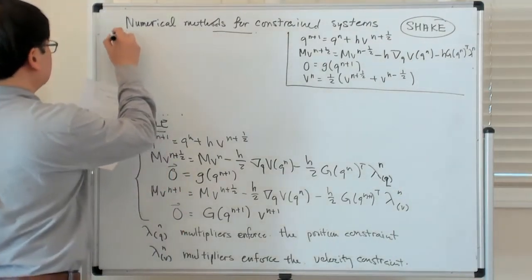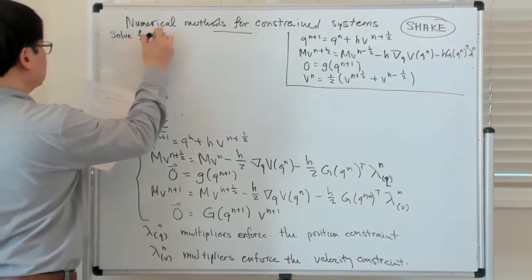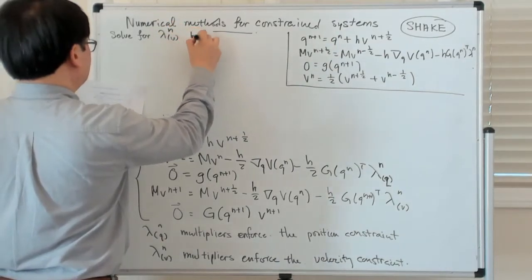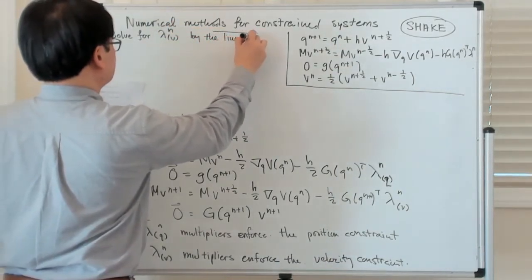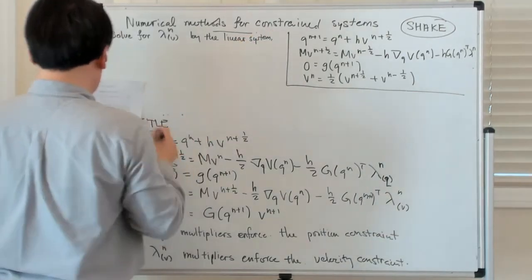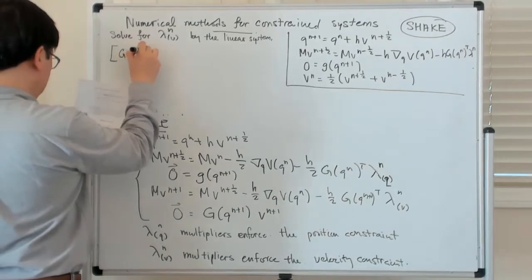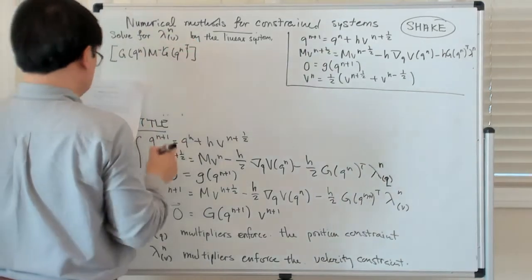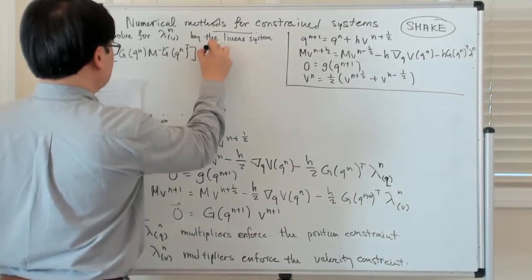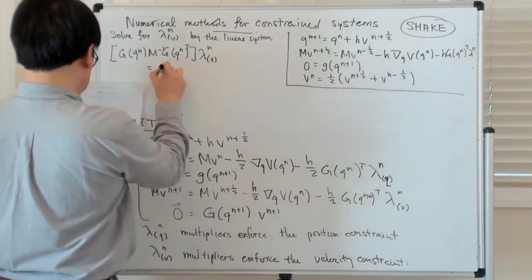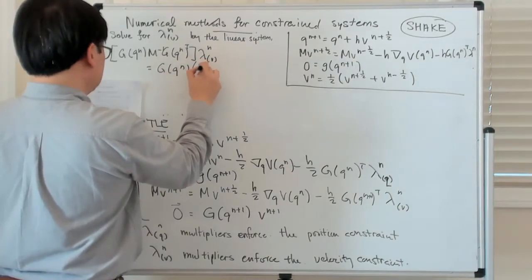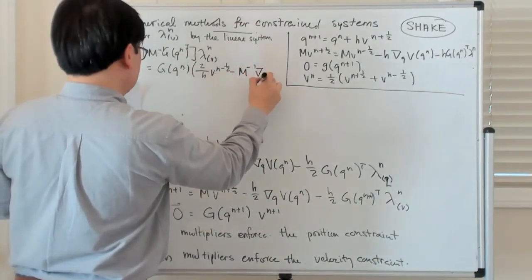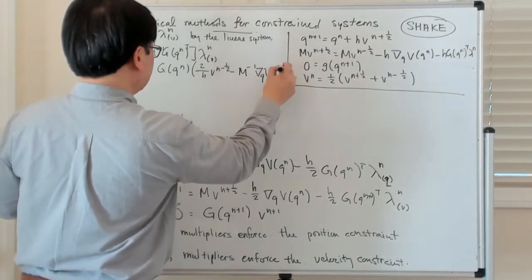So you solve for lambda v by the linear system: g at qn M inverse g at qn transpose times lambda vn is equal to g at qn over h times (vn minus half) minus M inverse the gradient of the potential at qn.